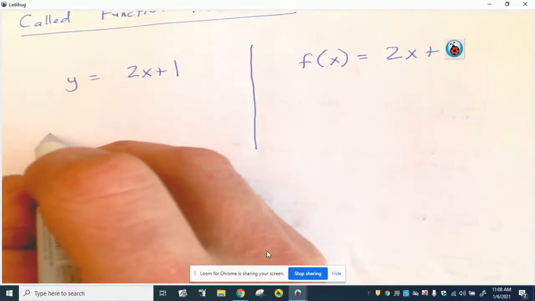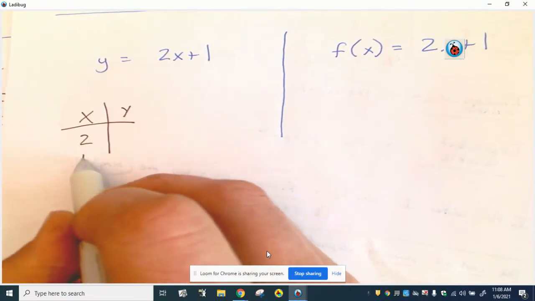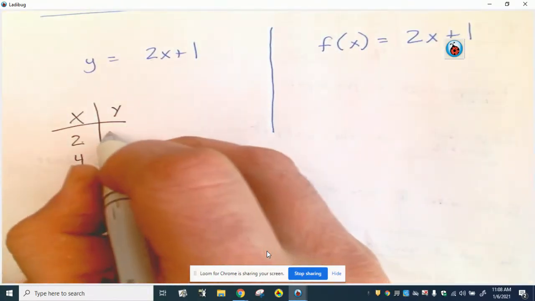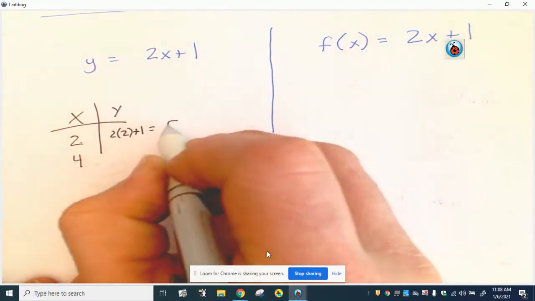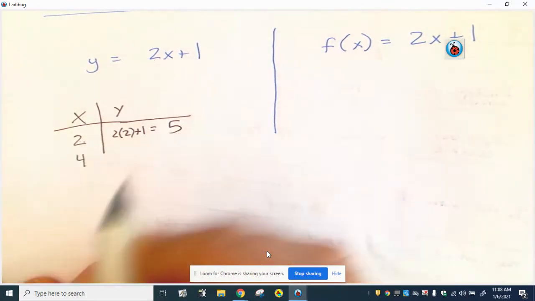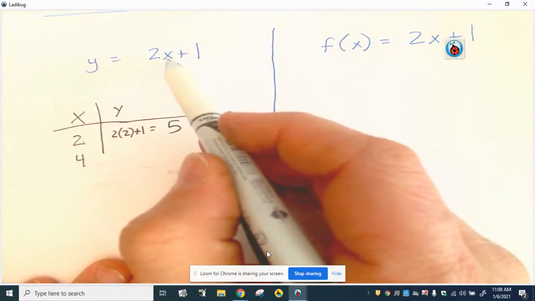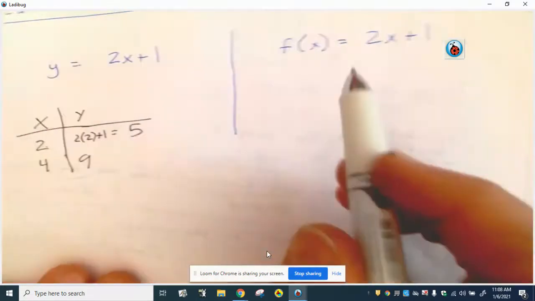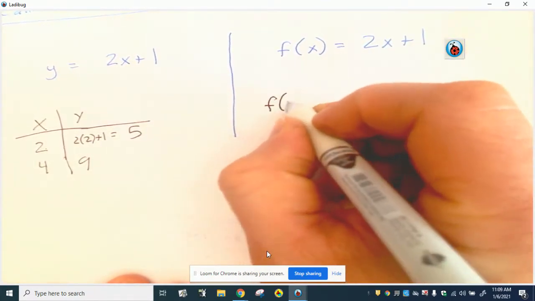Before, we would plot points, and we'd want to find, like, plug in a 2 or plug in a 4. When you plug in a 2, 2 times 2 is 4 plus 1 is 5. You plug in a 2, you get out a 5. You plug in a 4, 2 times 4 is 8, 8 plus 1 is 9. In this notation, all we're doing is saying, what is f of 2?